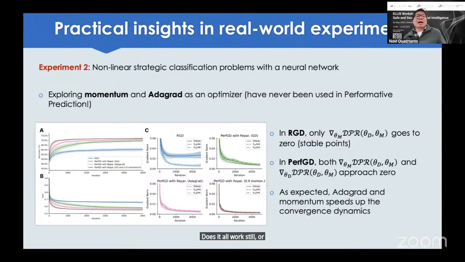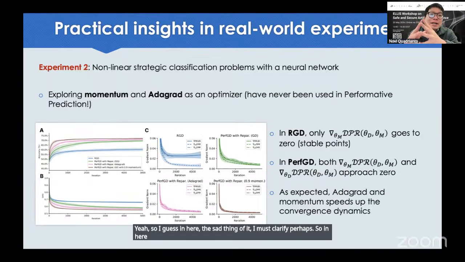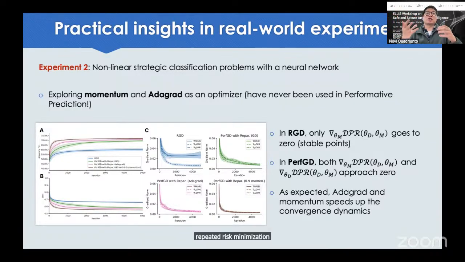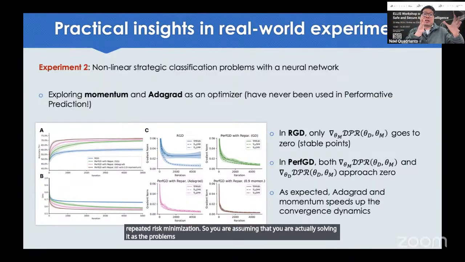Yeah. So I should perhaps clarify the setting. The point here is that this is the standard gradient descent, or the standard repeated risk minimization. You are assuming that you are solving the problem where you already have the data, but because you deploy the models, there are some changes to this particular data distribution.